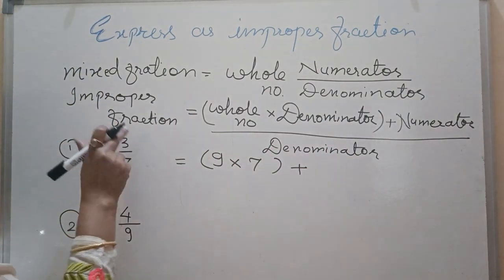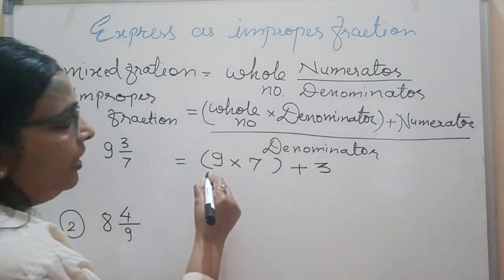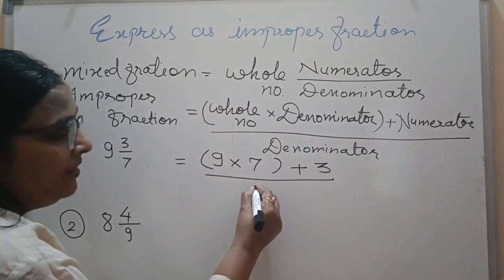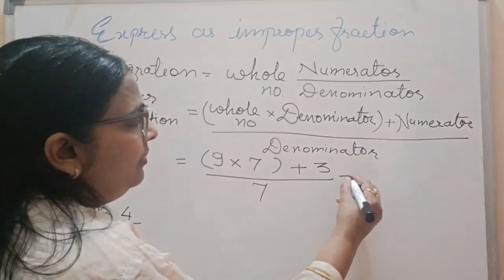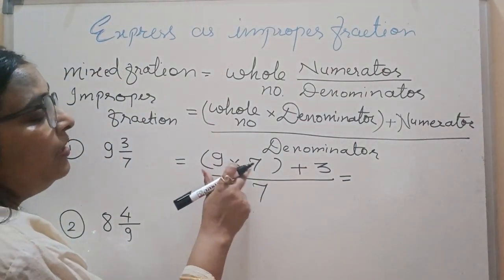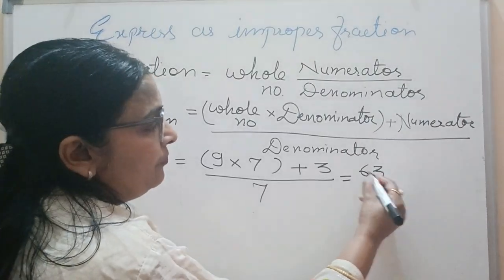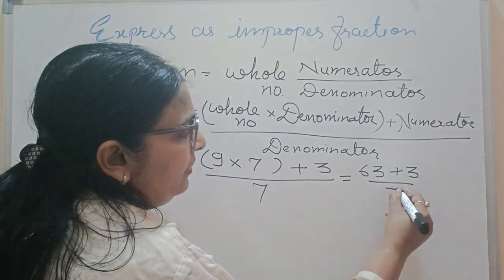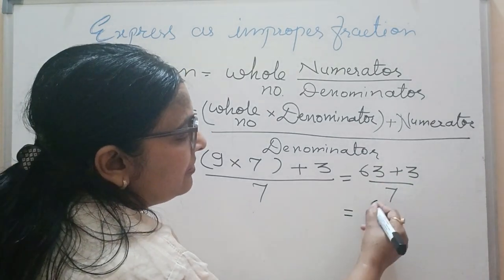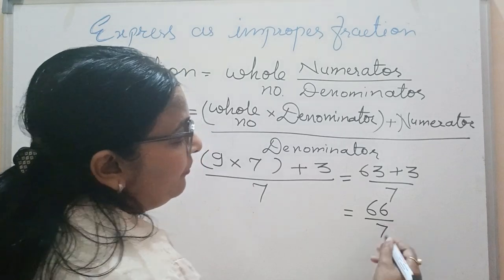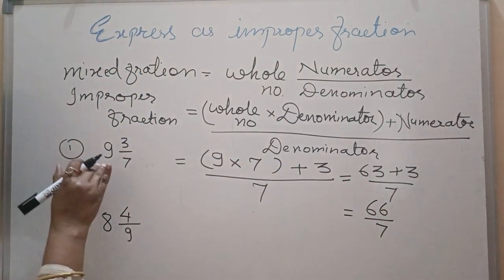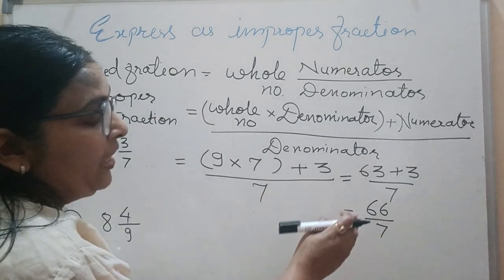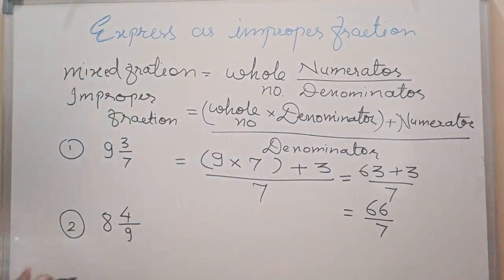Here, numerator is 3, divided by denominator, that is 7. So what you will get here? First solve the bracket. So 9 7s are 63 plus 3 by 7. So you will get here 66 by 7. So you have changed now this mixed number 9 3 by 7 into improper fraction 66 by 7.